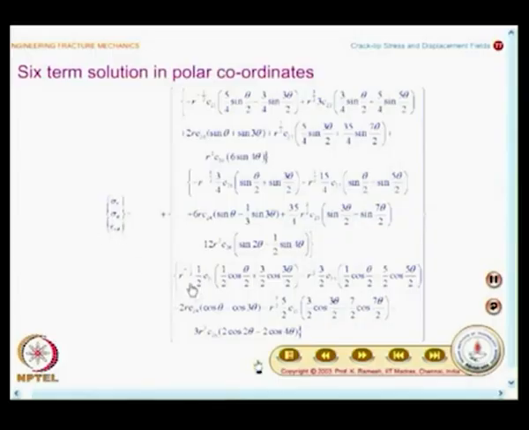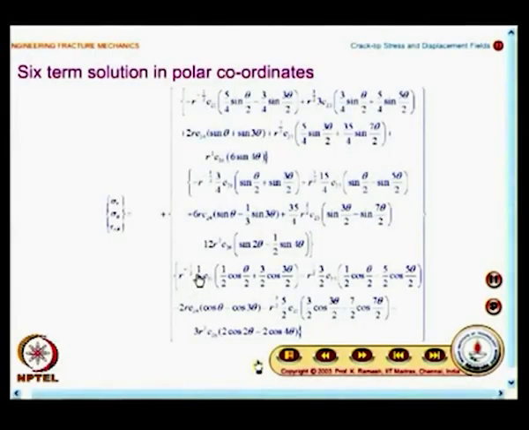and you have the shear stress term r power minus half 1 by 2 C21 multiplied by 1 by 2 cos theta by 2 plus 3 by 2 cos 3 theta by 2, minus r power half 3 by 2 C23 multiplied by 1 by 2 cos theta by 2 minus 5 by 2 cos 5 theta by 2.